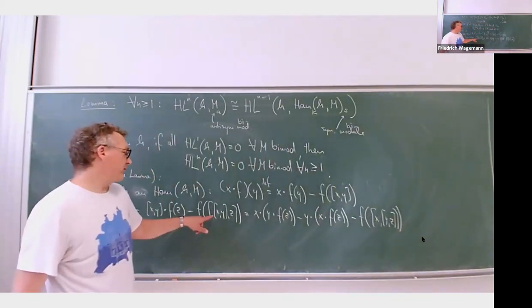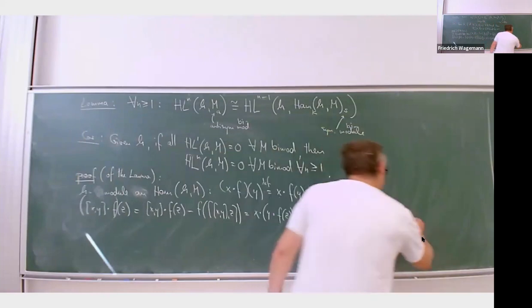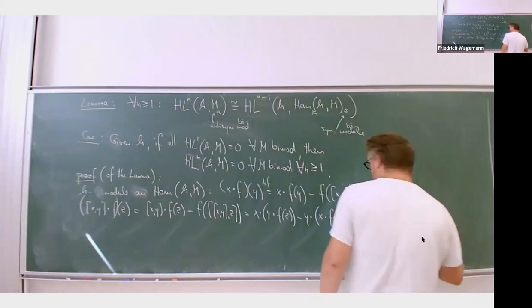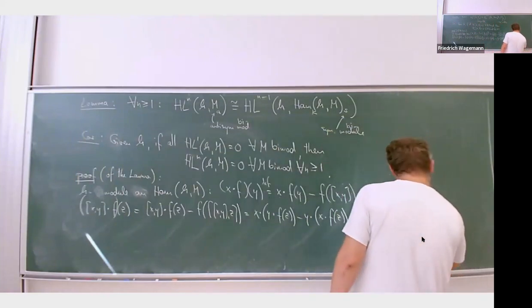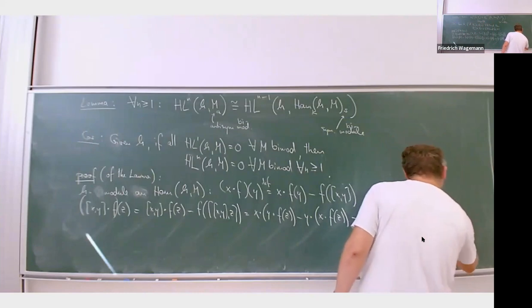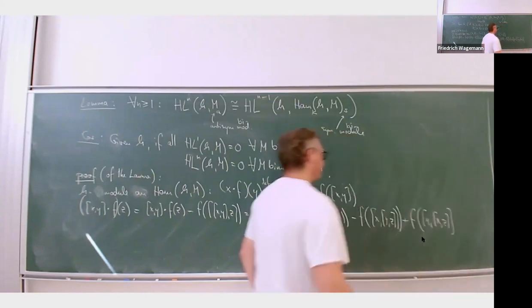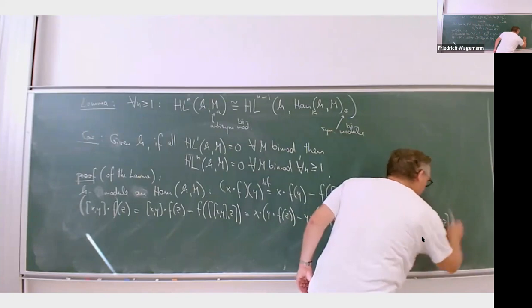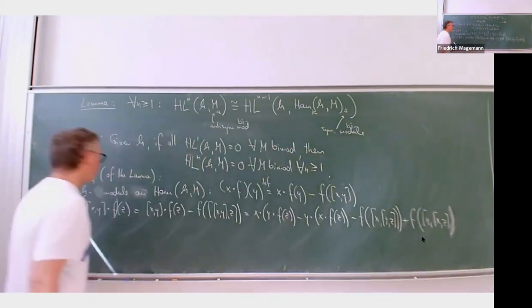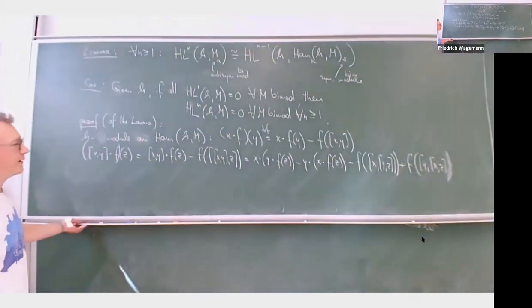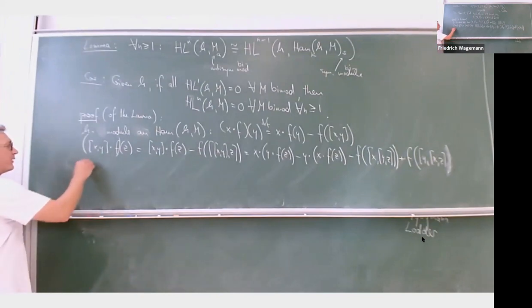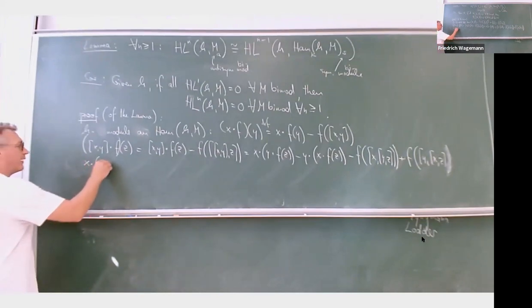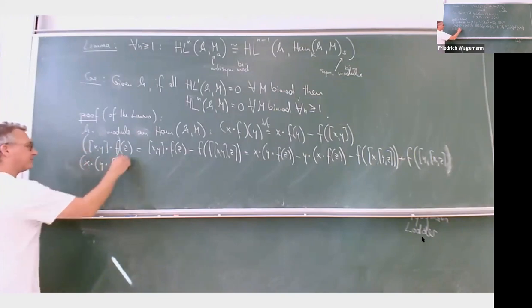This is equal to this minus one part of the equation, and the other part is x dot y dot f of z.